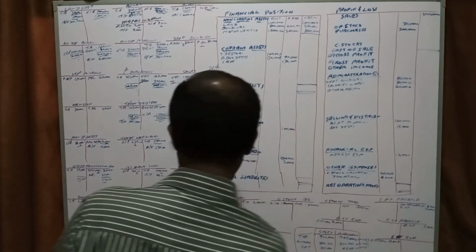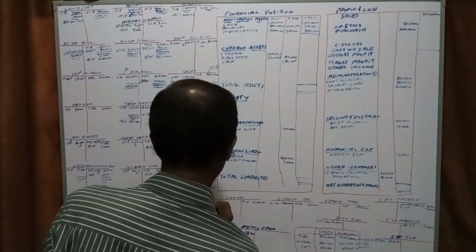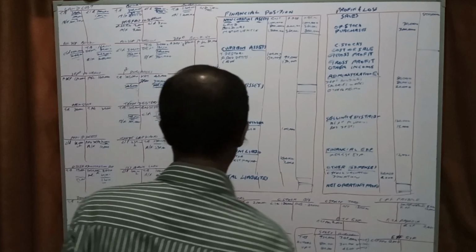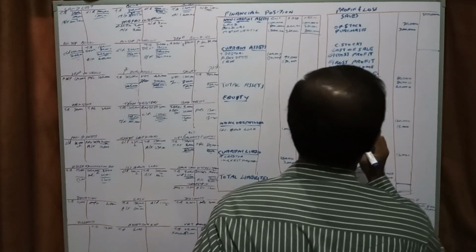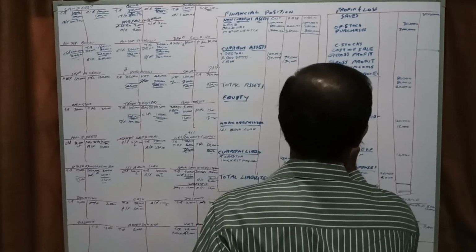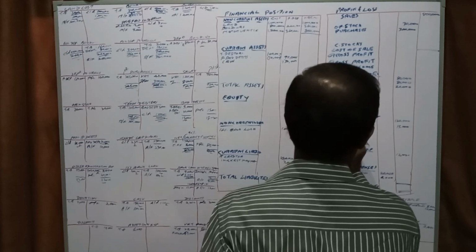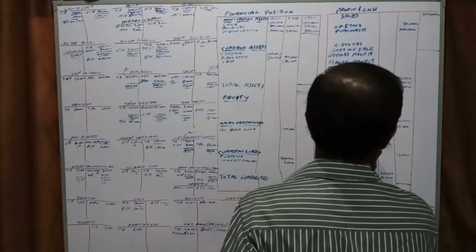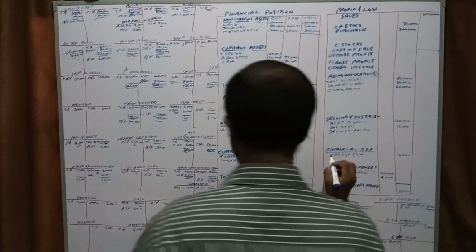Discount account. This will go to the P&L. Discounts, right? Trade discount given, discount allowed. How much? 2,000.